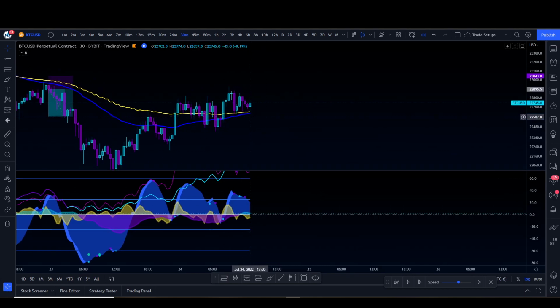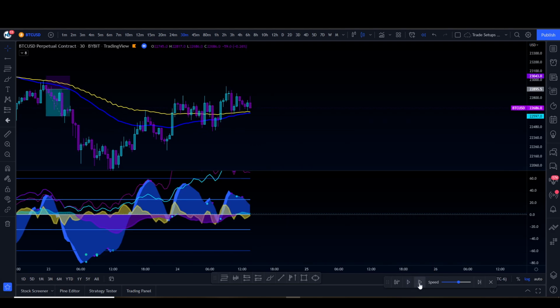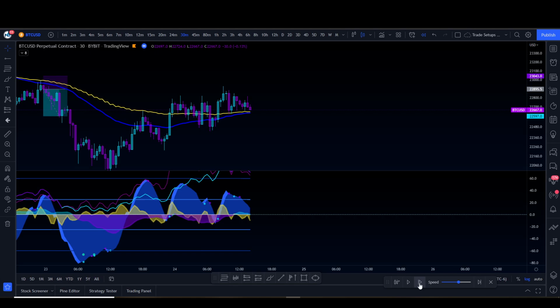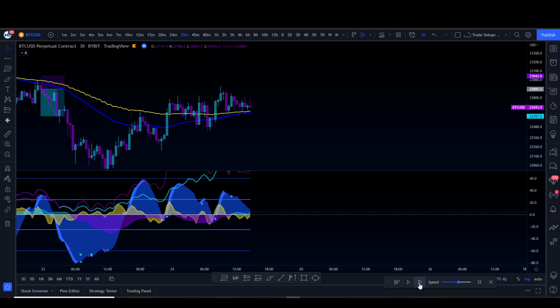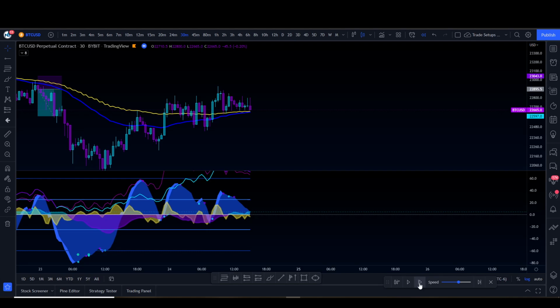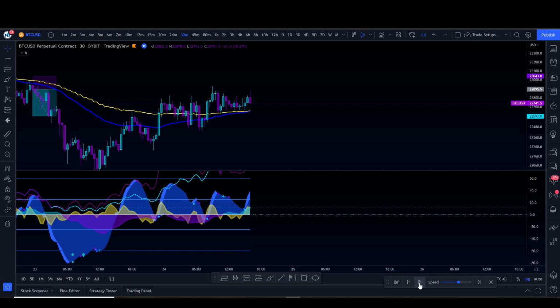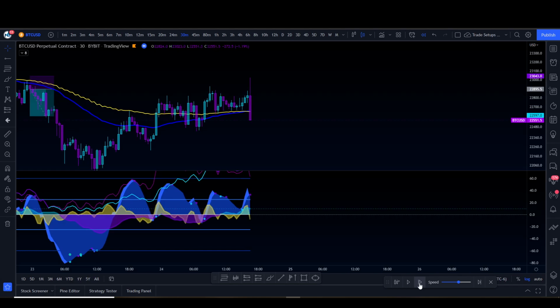So now we want to see a close below the yellow, the 1 hour. So now we're checking the chart every 30 minutes to see if we get that close. Okay, there we go.